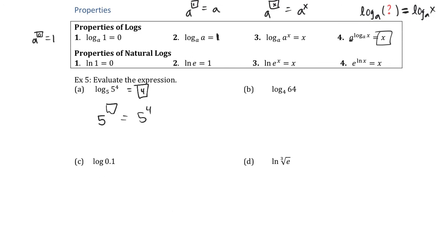That has to be a 4. All right, let's look at this one. 4 to what power is equal to 64? Let's see, 4 squared is 16. 4 cubed is 64. So this has to be 3.